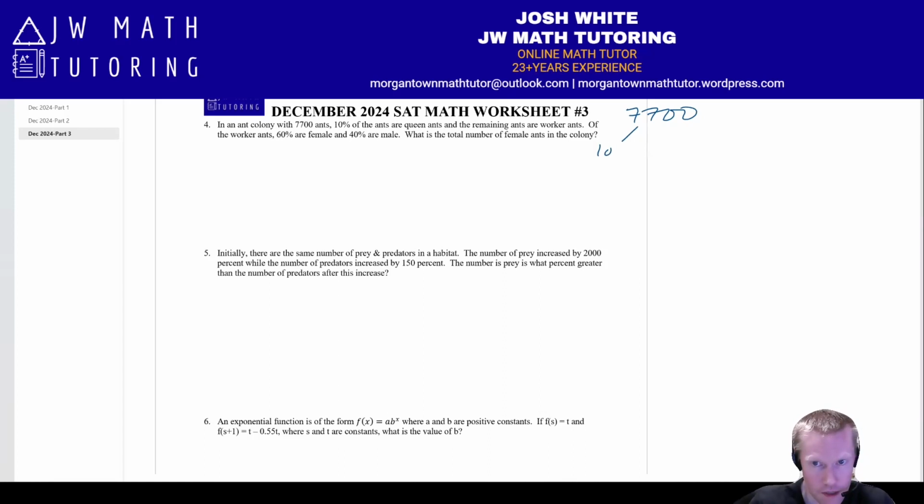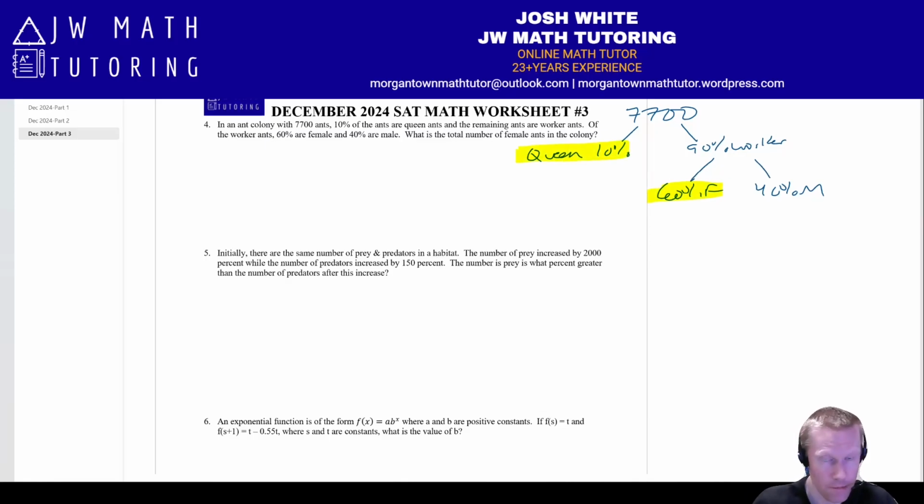You have 10% which are queen, and then the remaining ants, which would be 90%, which are worker. Of the worker ants, 60% are going to be female and 40% are going to be male. We want to know the total number of female ants. So basically, that's just going to be the total number of female workers and the total number of queen ants.